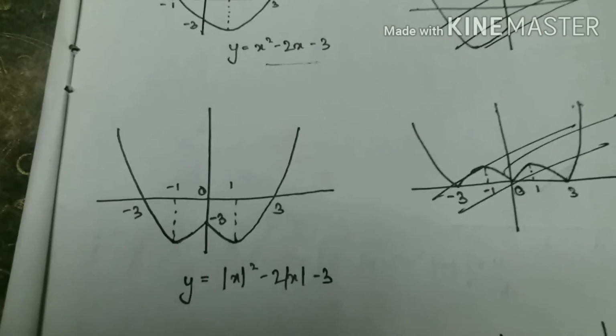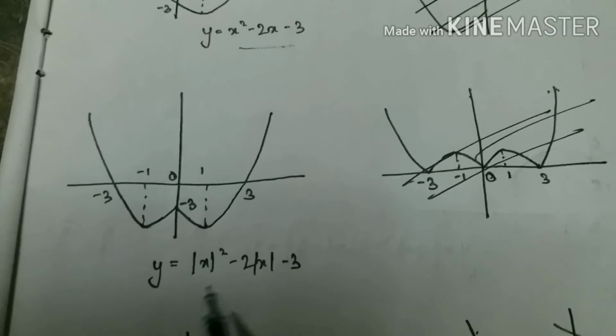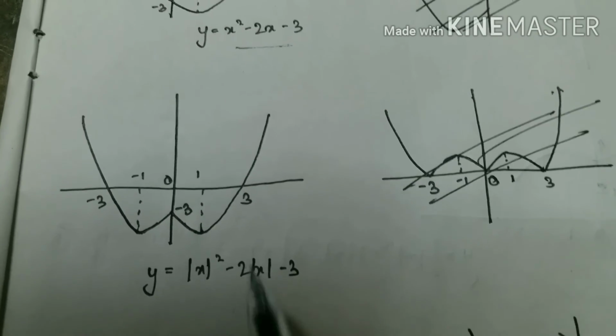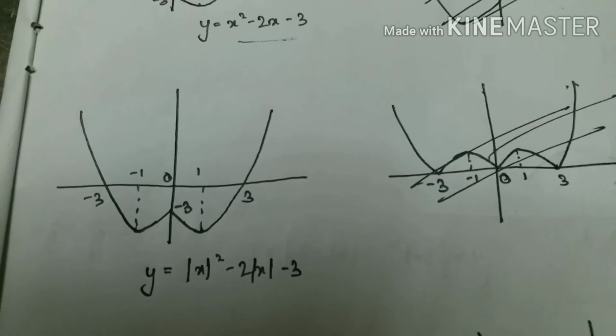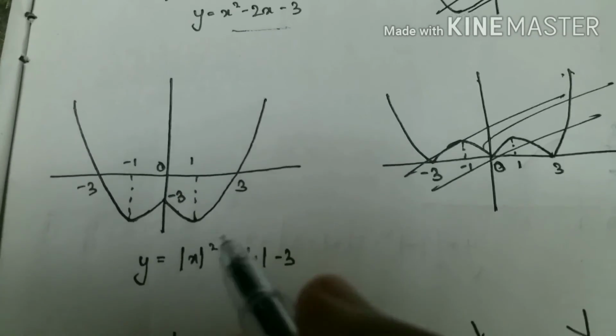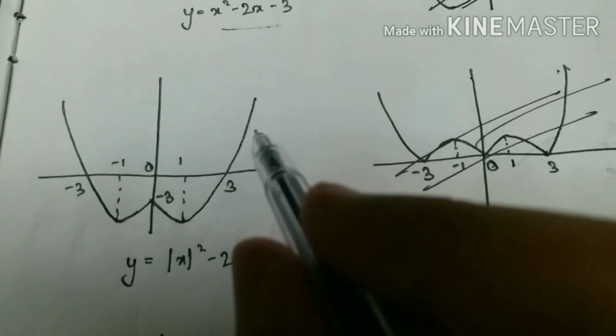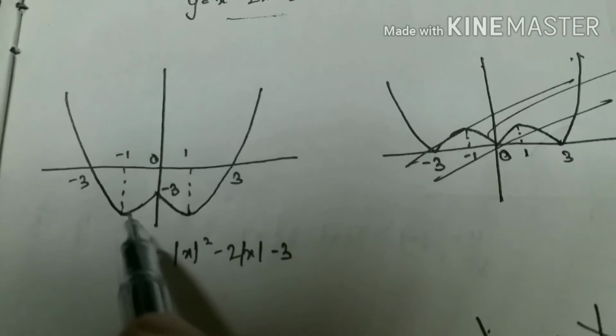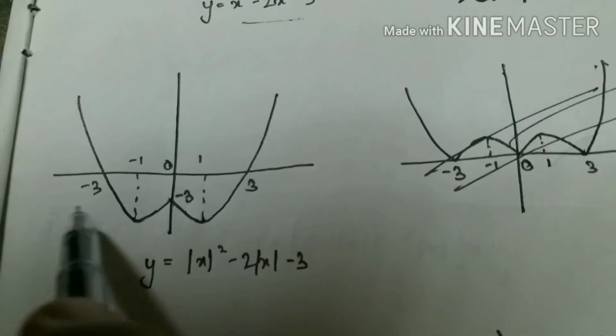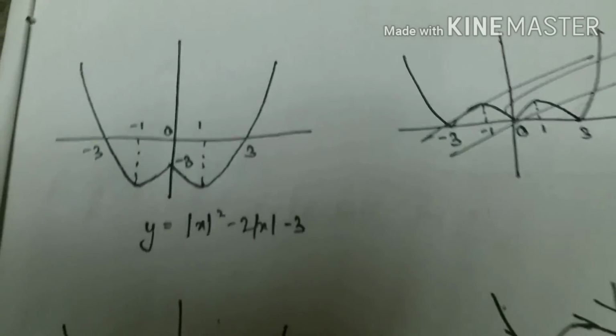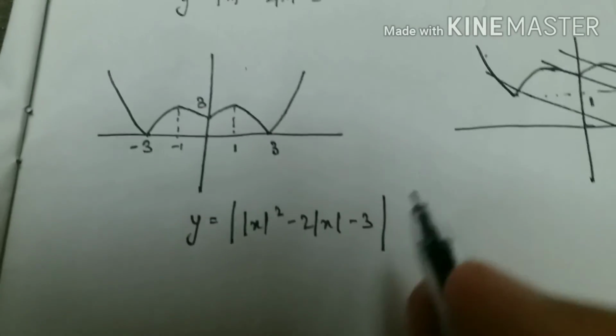Then we do this. Then y is equal to f of mod x. We draw the graph of y is equal to f of mod x. So we draw the original graph for x greater than 0. For x lesser than 0, we take its image along the y-axis. Now y is equal to mod of fx.